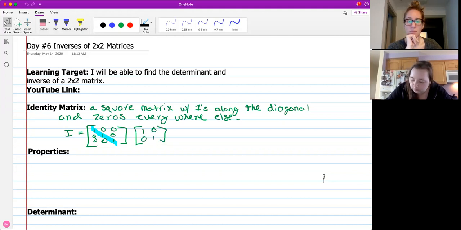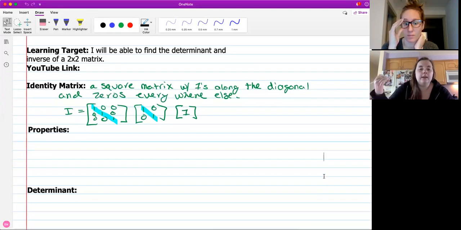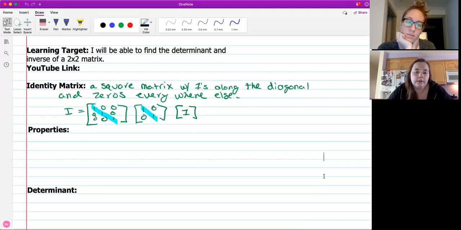So again, ones along the diagonal, zeros everywhere else. For a 1 by 1 matrix, you just have 1. Yes, this is a super useful matrix. And as you get matrices that are bigger, you just keep ones on the diagonal and then zeros everywhere else. It's super easy.